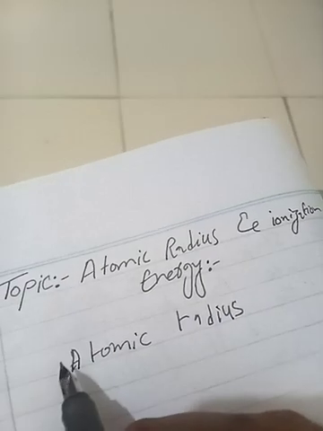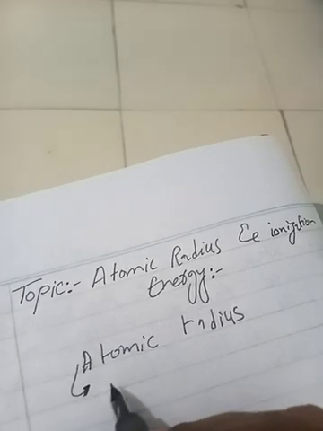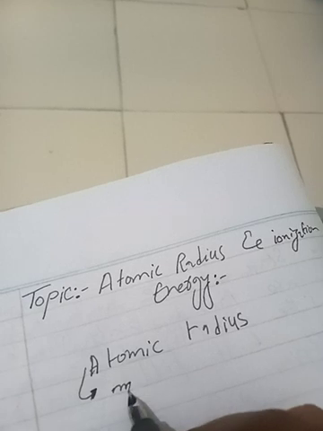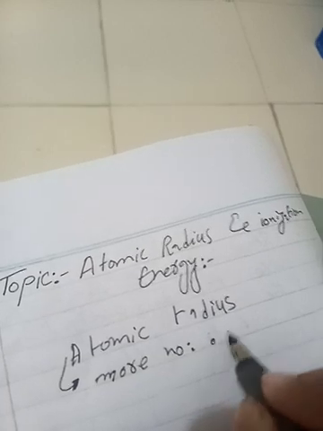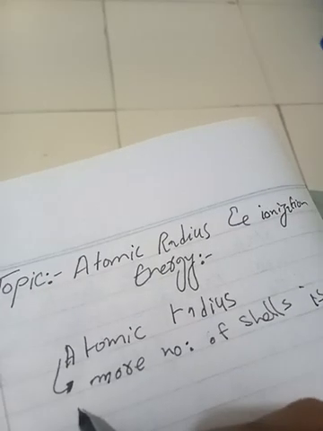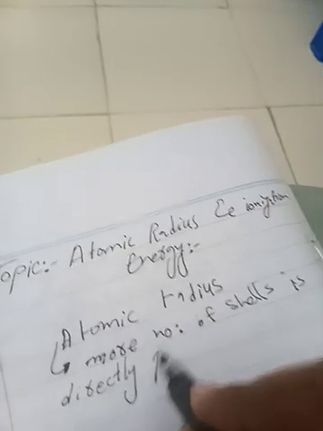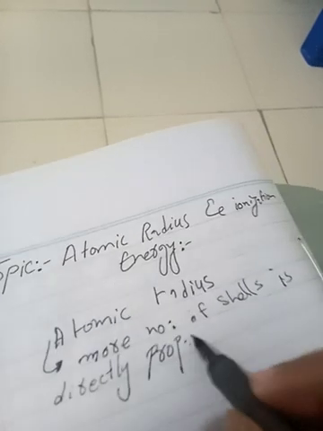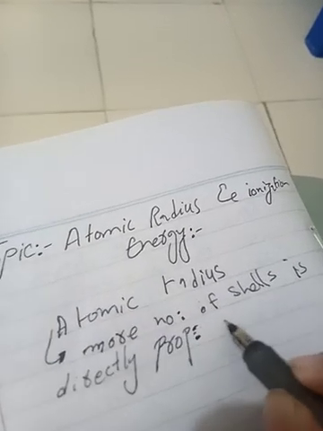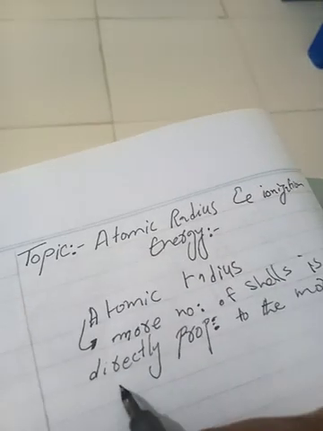Yes. So it is simply defined that the more the number of shells, and shells are denoted K, L, M, N, the more the size of an atom. The number of shells is directly proportional to the size of an atom.